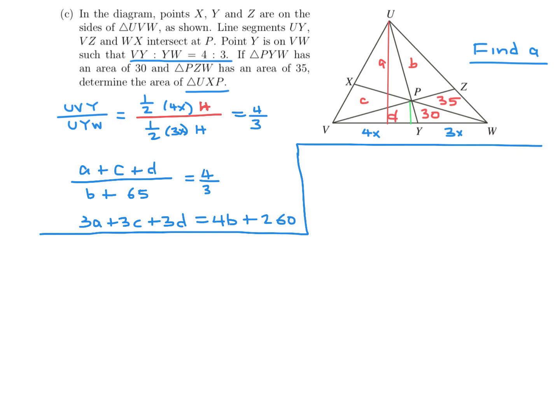Okay, so let's go and do another comparison. This time I'm going to try VPY to PYW, the little guys. So it's 1/2. We're using the green altitude this time. I guess we can just put that as, well, whatever color you want, really. It doesn't really matter.